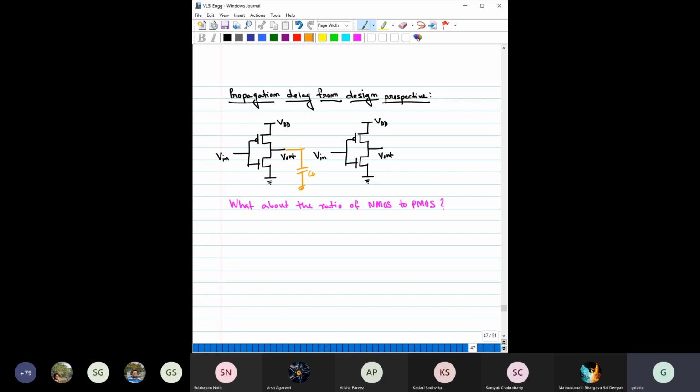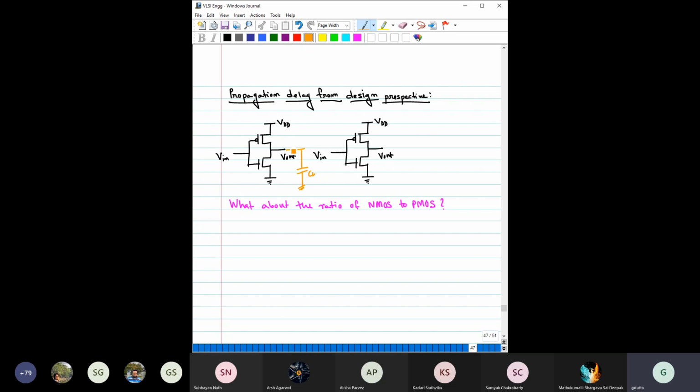But that was not from the propagation delay perspective. If you take the ratio, for example 2:1, even though that 2:1 ratio can make the charging and discharging cycle symmetric, that does not guarantee that you are getting the least propagation delay.